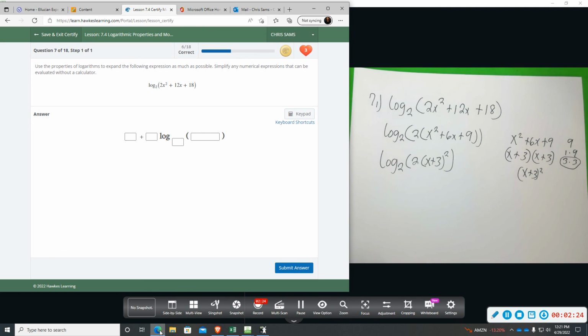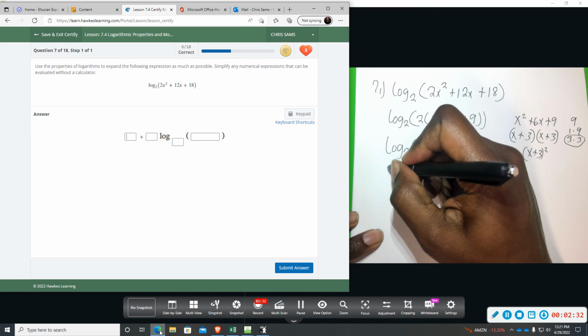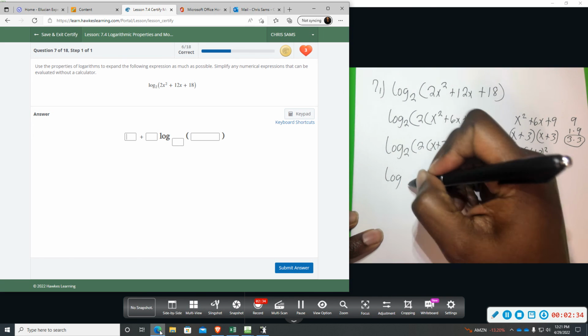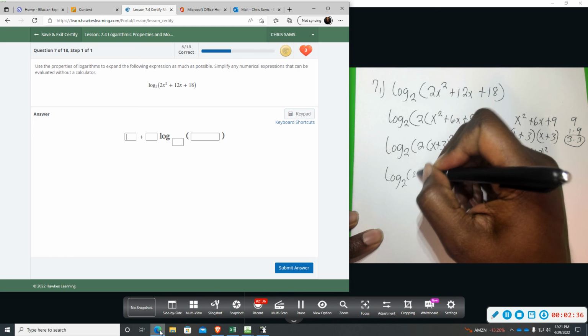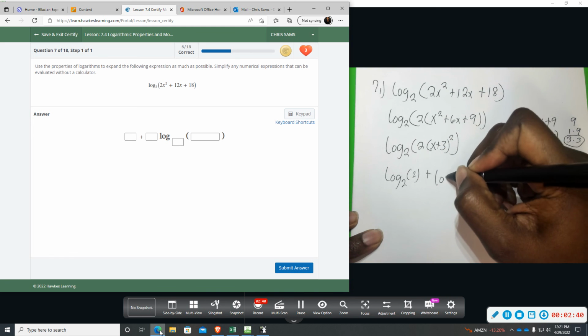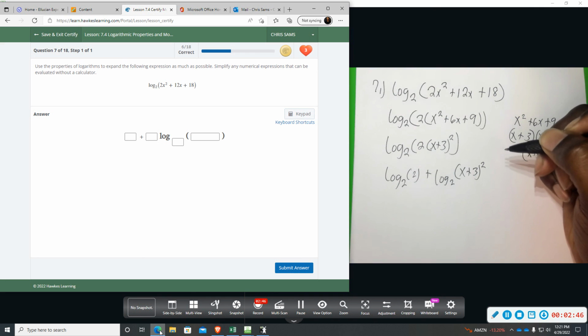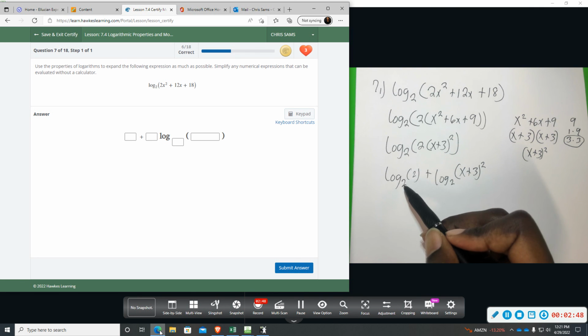All right, so now I can use the multiplication property. When you multiply within logs, you can write it as separate addition. So now this is log base 2 of 2, and then plus log base 2 of x plus 3 squared. All right, so that cancellation property, 2 and 2 will just cancel out.